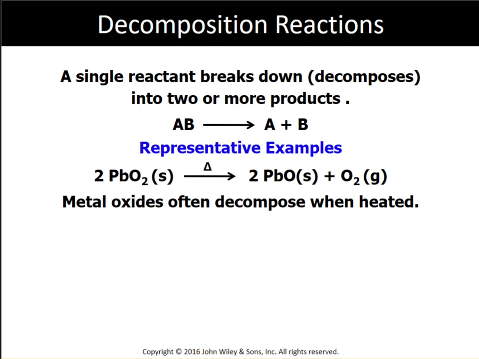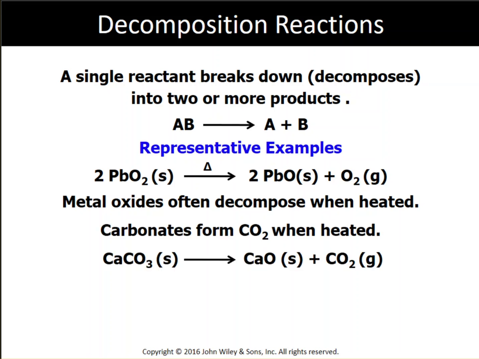Now, predicting the products of decomposition reactions is not always easy, but there are a couple of decomposition reactions where we can tell what the products are going to be.